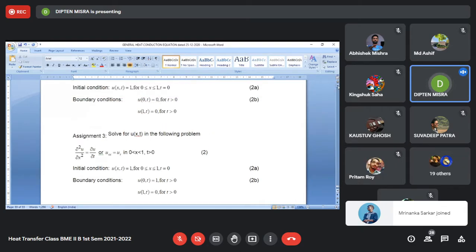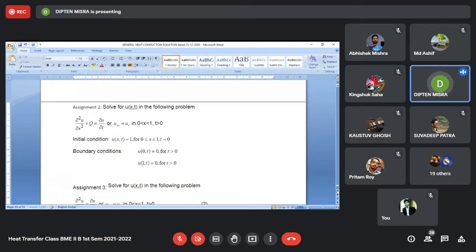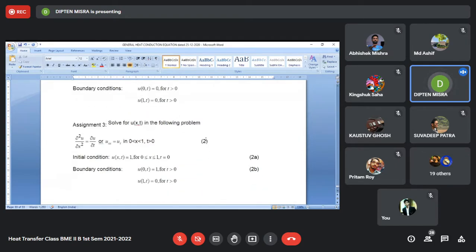We can eliminate these things, these two, and all these things are not necessary here. How to solve, I'll just touch upon and then we'll switch over to the convection heat transfer problem.